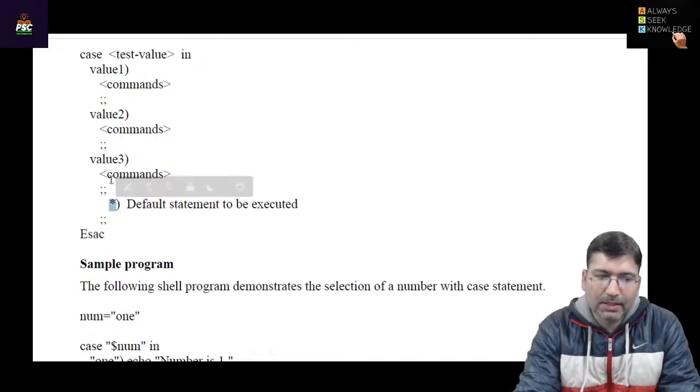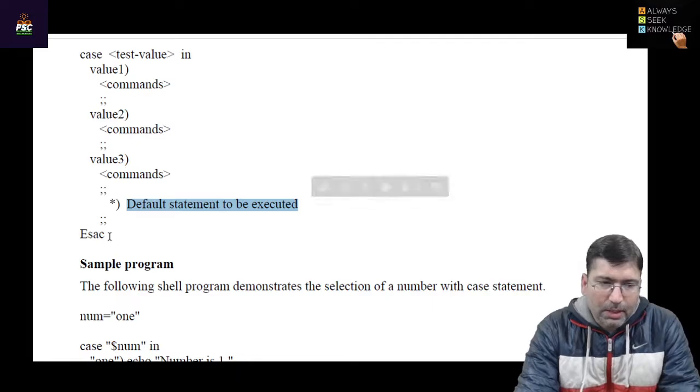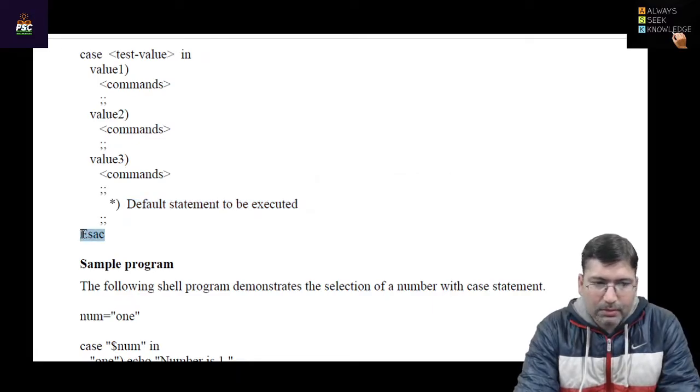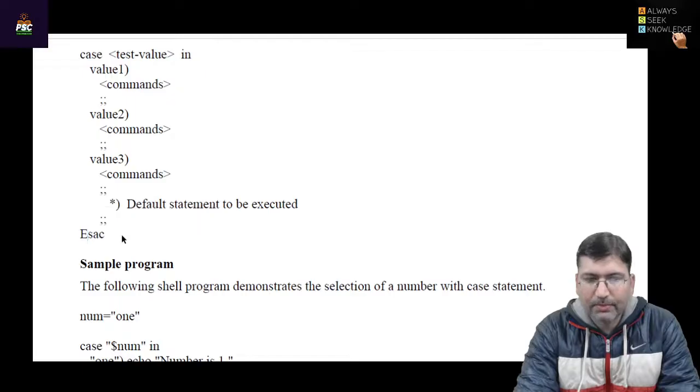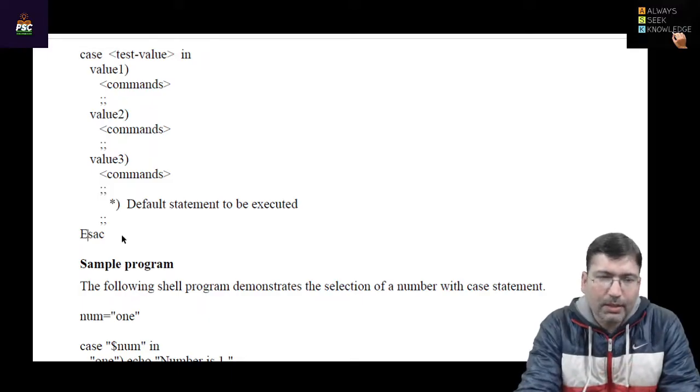When none of these cases match, the default case will be considered, and here you can put some default message. Your case will be terminated with esac, spelled in small letters, the E should be small. So like we close if with fi, we close case with esac.